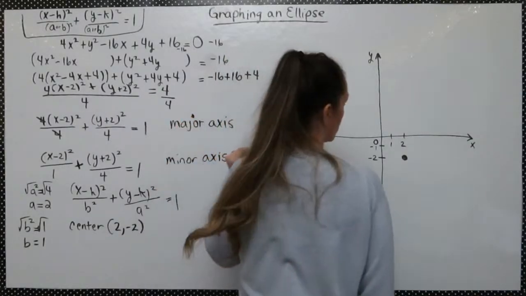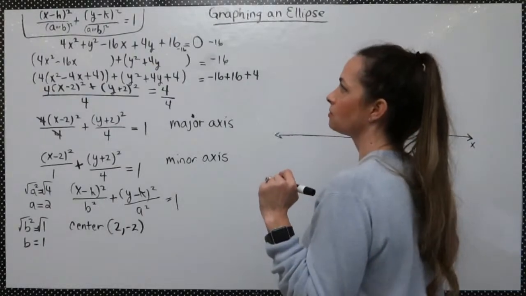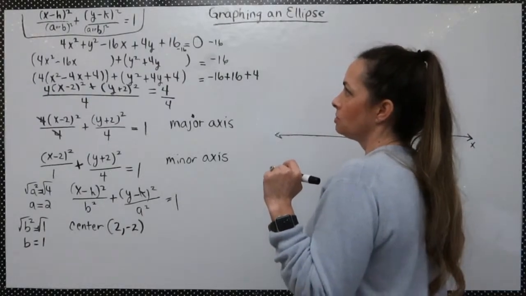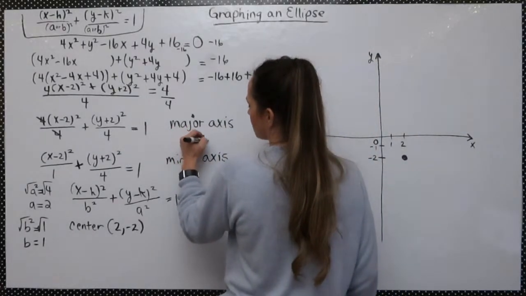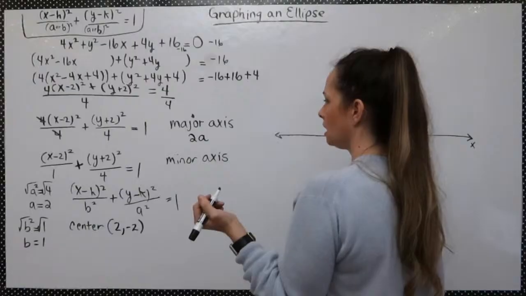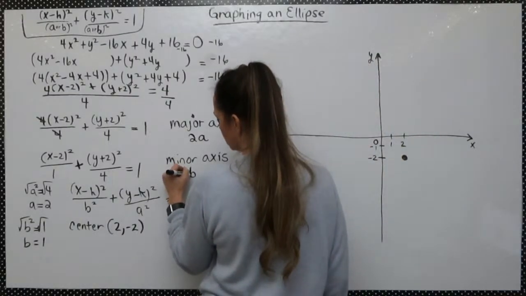And the major axis is going to be your A value. So it's going to be 2A, I think. And then your minor axis is 2B.